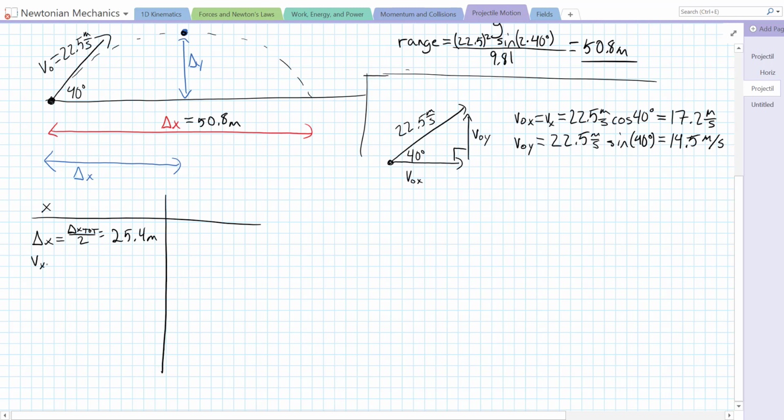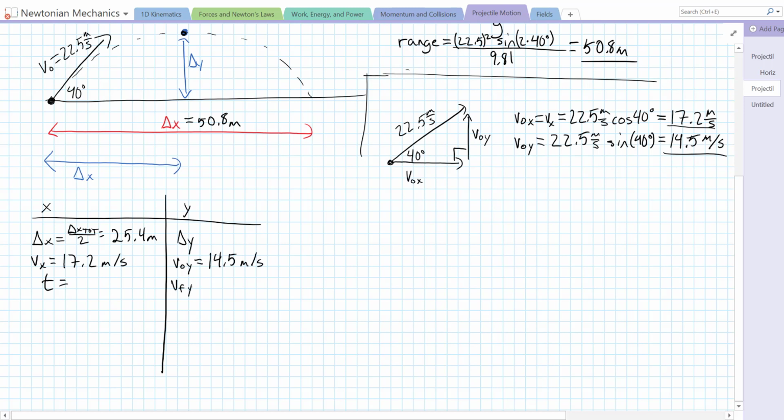We know that Vx, well, we just solved for it. Our x is constant velocity motion, so this is going to be 17.2 meters per second. And t is an unknown. In the y direction, delta y is an unknown. That's the height to the top. The initial y is, well, we solved for that when we broke our initial velocity into components, 14.5 meters per second.